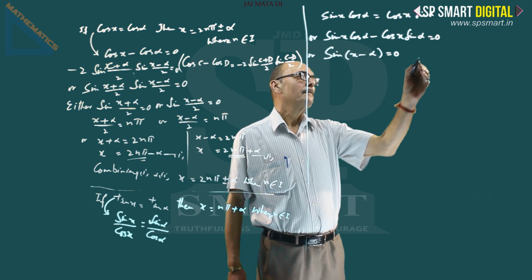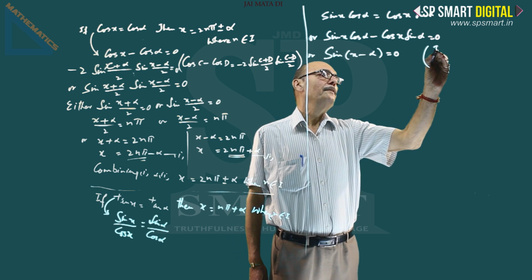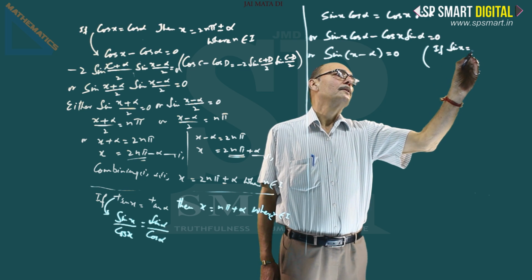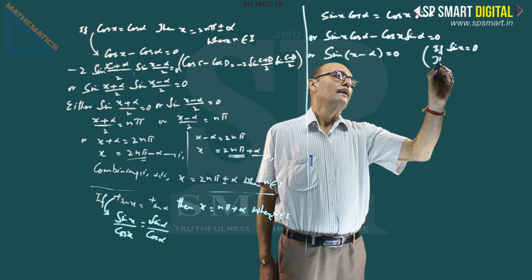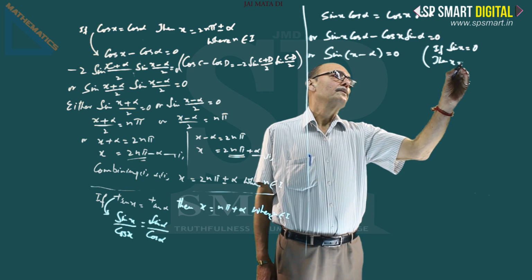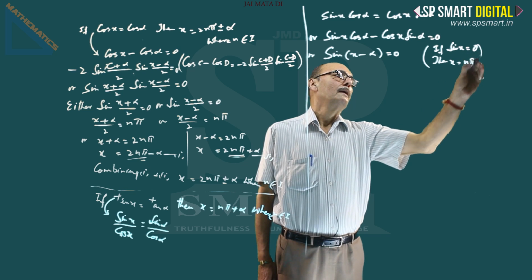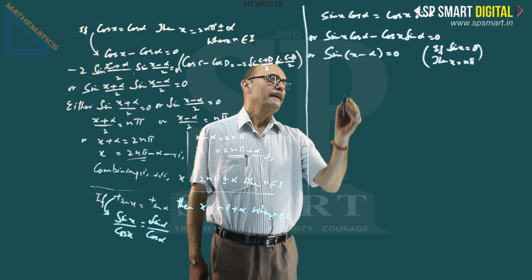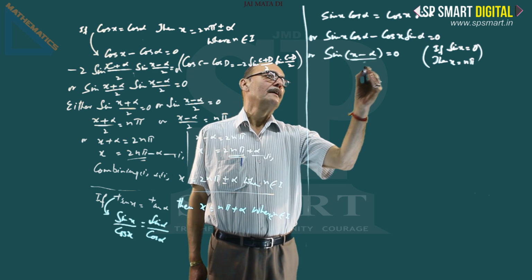So, we make use of again this result: if sin x equal to 0, then x equal to n pi. So, here x stands for this angle.